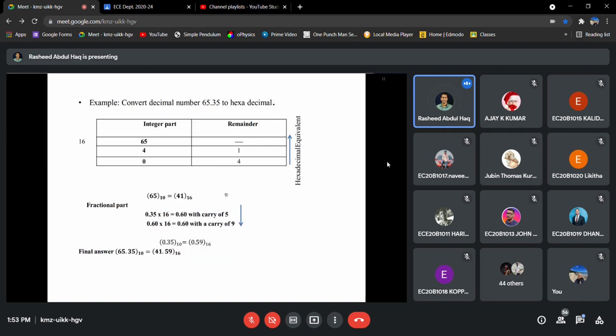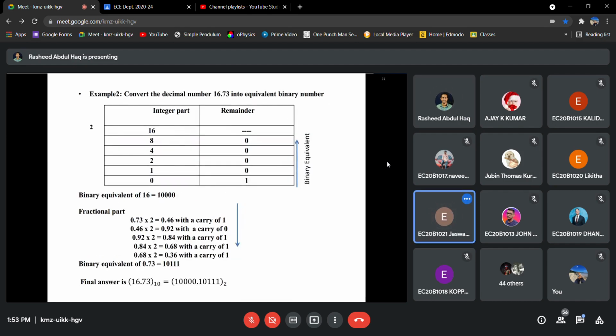Roll number 20, did you get the answer? Which one, sir? I had asked a question. 16.73 was converted some 10 minutes back. After that, we did another one. At least you can tell me the question. 16.73 converting to binary was last time.